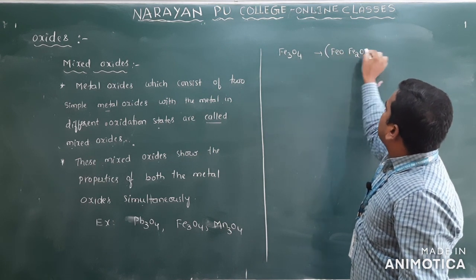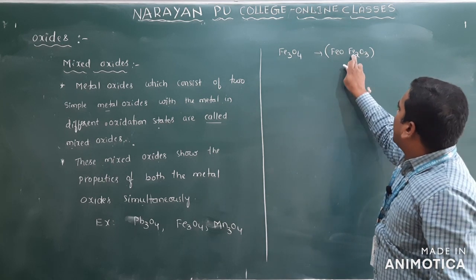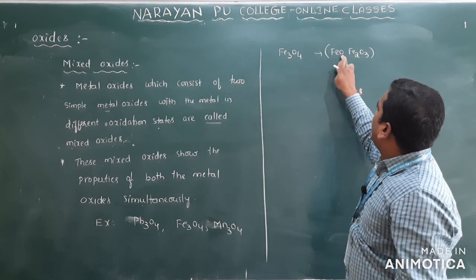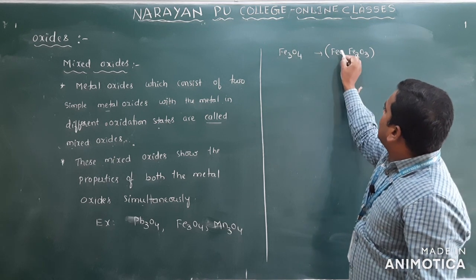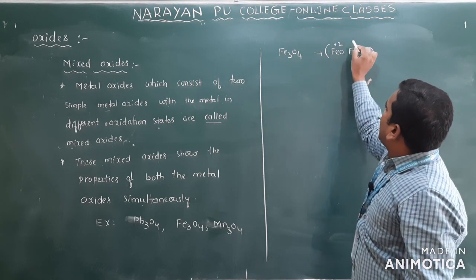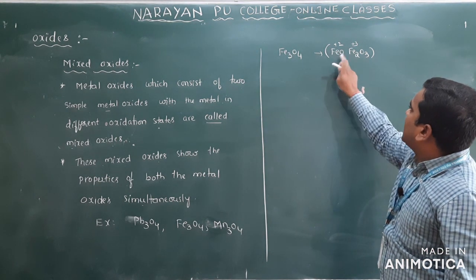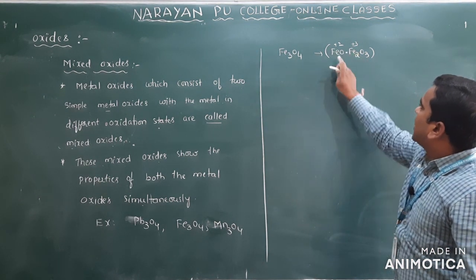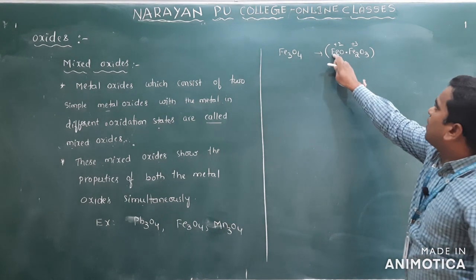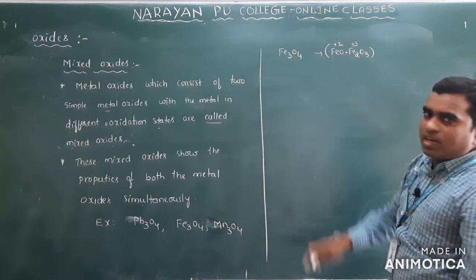It is a mixture of Fe2O3 and FeO. One has oxidation state +2 and the other has oxidation state +3. So mixed oxide contains how many simple oxides? There are two simple oxides with the metal atom in different oxidation states.